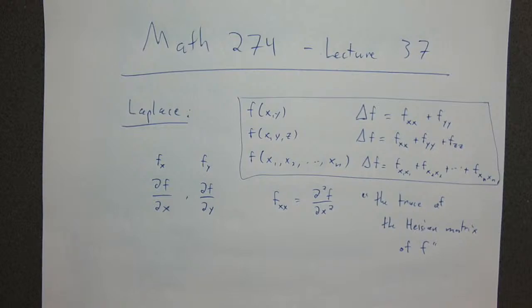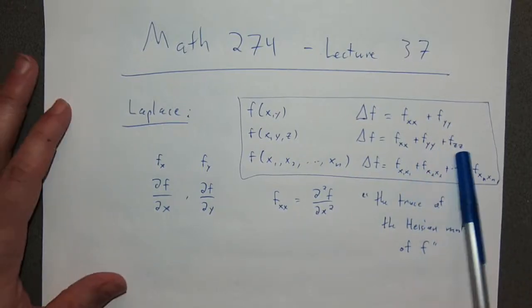If f is nice, that matrix is symmetric, which means if you write it out as matrix rows and columns, you can flip it across the diagonal and it's the same matrix. And if you sum all of the diagonal entries of a matrix, that's called the trace of a matrix. These are the diagonal entries of the Hessian.